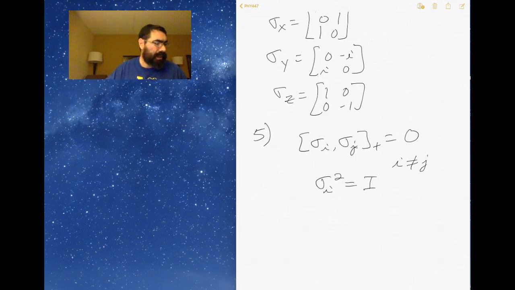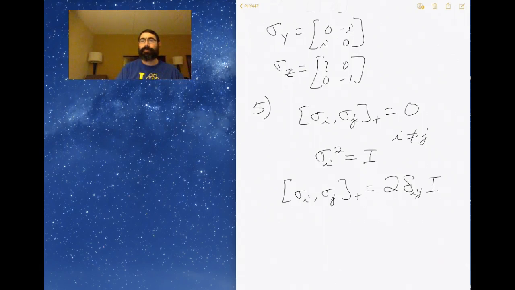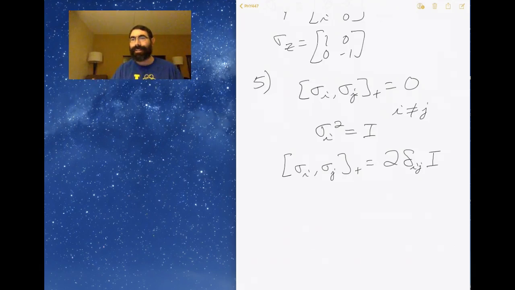If we put those both together, then what we get is a more general anti-commutation relation, which says it's equal to 2 times the delta function times the identity. So of course, if i is not equal to j, then the delta function is going to be 0.